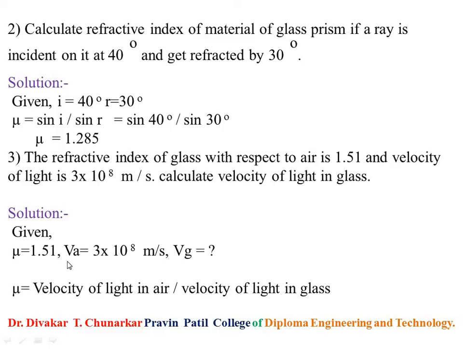So mu equals 1.51, Va, the velocity of air, is 3 into 10 to the power 8 meter per second, and we find the value of Vg. So mu equals velocity of light in air upon velocity of light in glass.